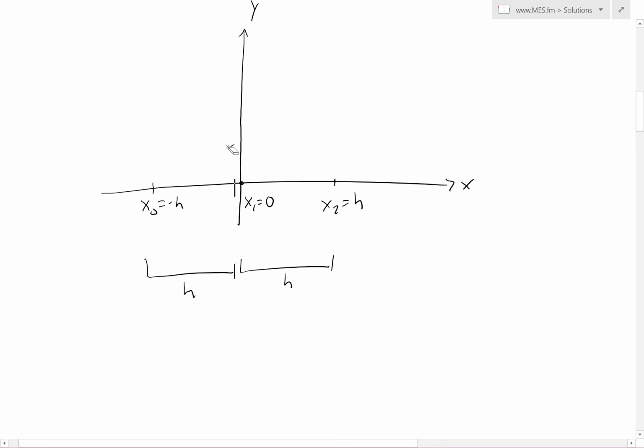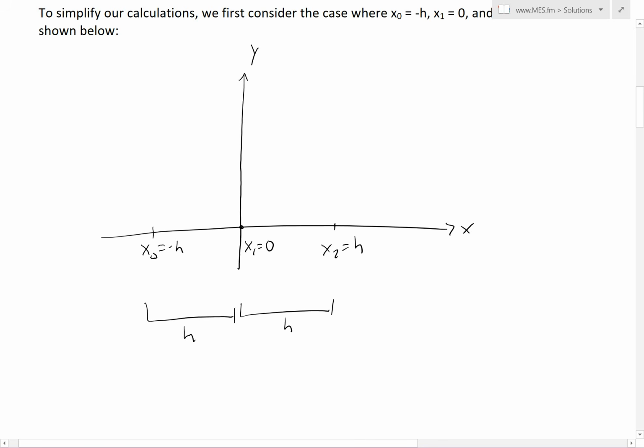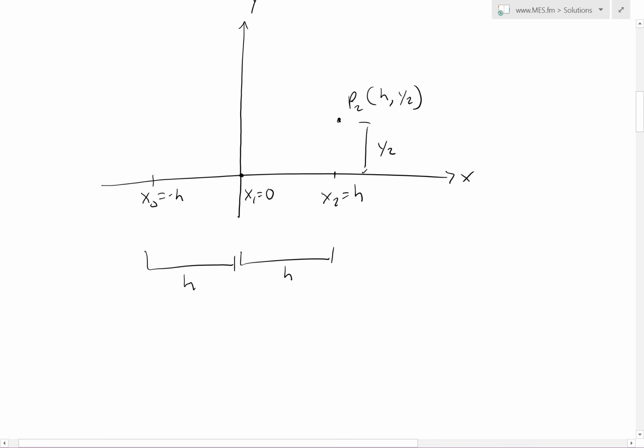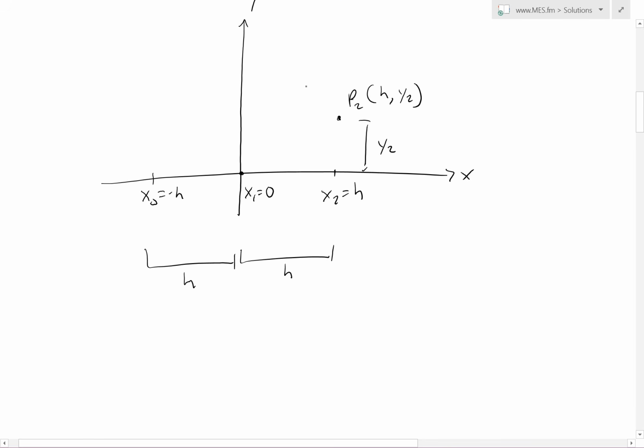Now we know the points on the curve are here, so let's put it down here. This one we'll call P2, which is (h, y2). And again, y2 is just this height, and that's the third point on this parabola.